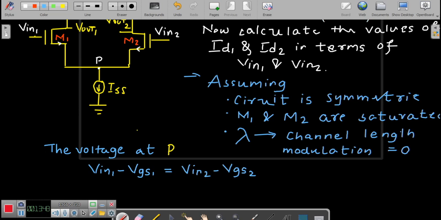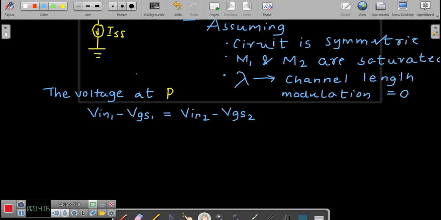Vin1, this is your VGS1 and this is your VGS2, right? So the potential at P is Vin1 minus VGS1, which is also equal to Vin2 minus VGS2. Now we are trying to correlate these Vins into VGSs so that we can get an expression for ID1 and ID2 in terms of Vin1 and Vin2. Okay.